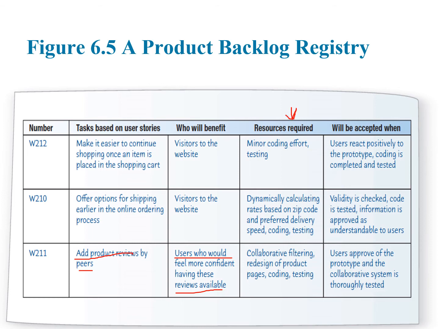What are the resources required here? We need collaboration, filtering, and redesigning the product page, coding and testing, and then it will be accepted when the users approve of the prototype and the collaborative systems through the testing.